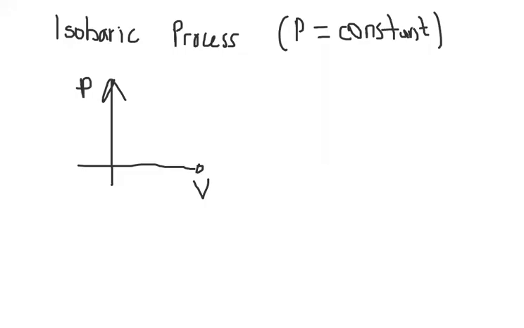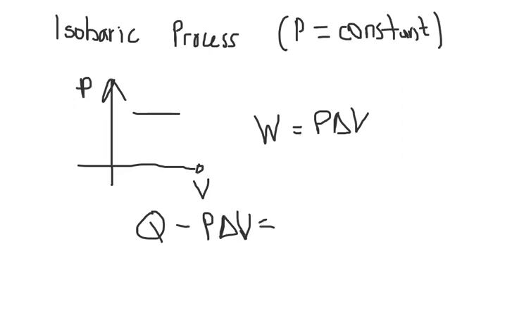In the isobaric process, the pressure is constant, which will mean that you will see a straight line, but in this case, it's a horizontal straight line. And the work is going to be equal to P delta V. In this sense, then the first law of thermodynamics will express that heat minus P delta V is going to be equal to the change in internal energy.